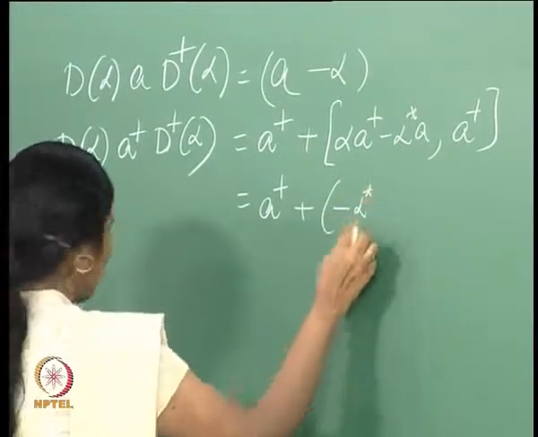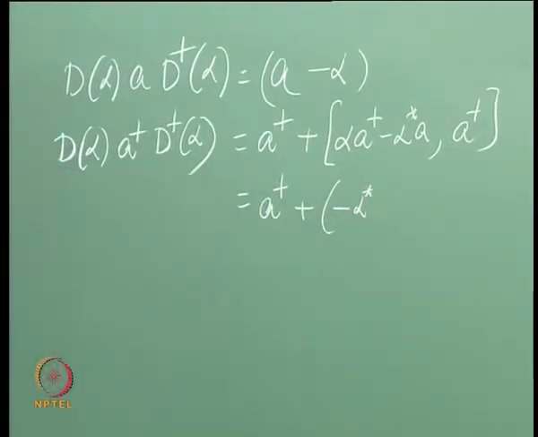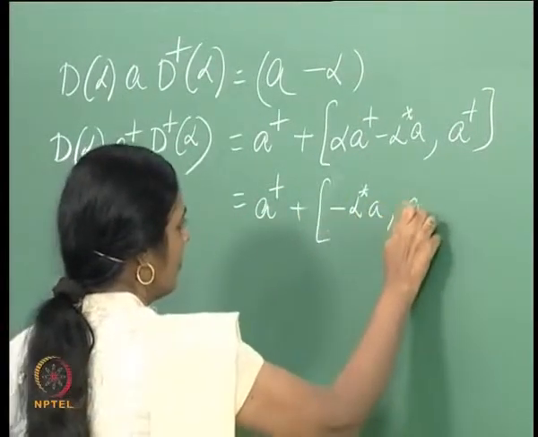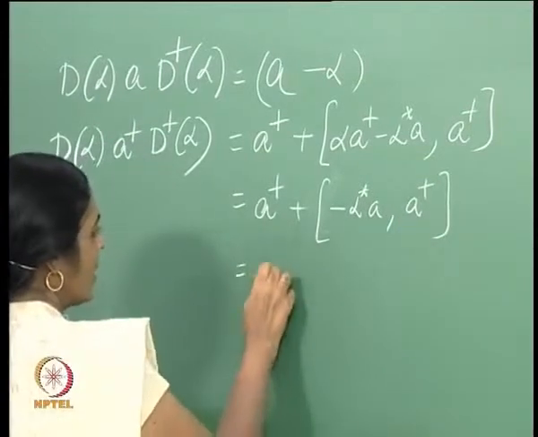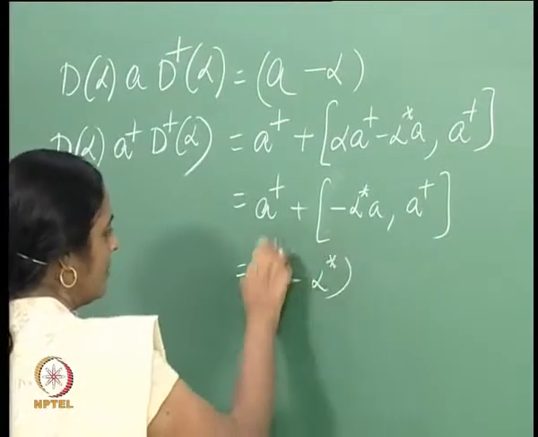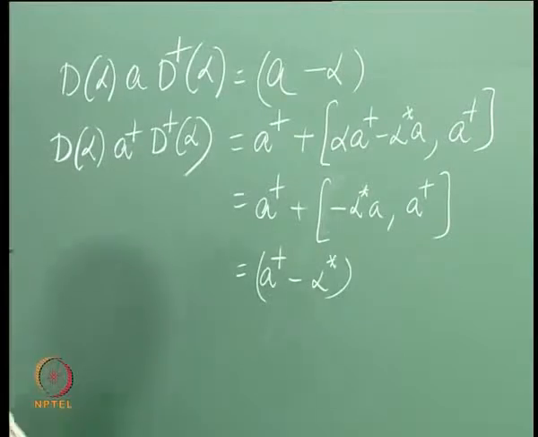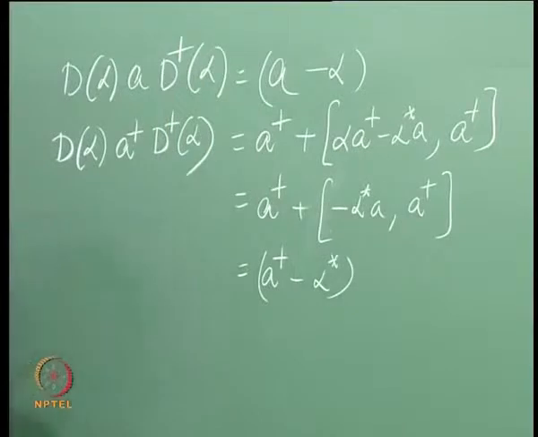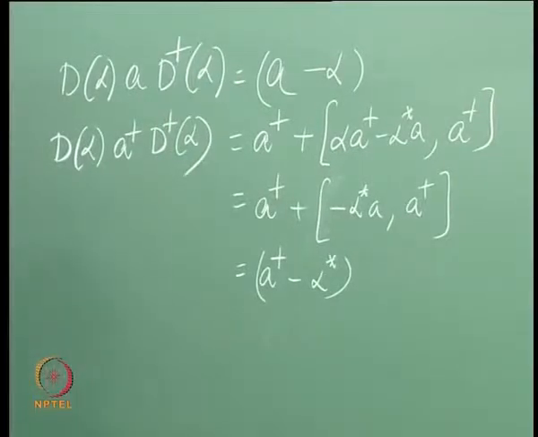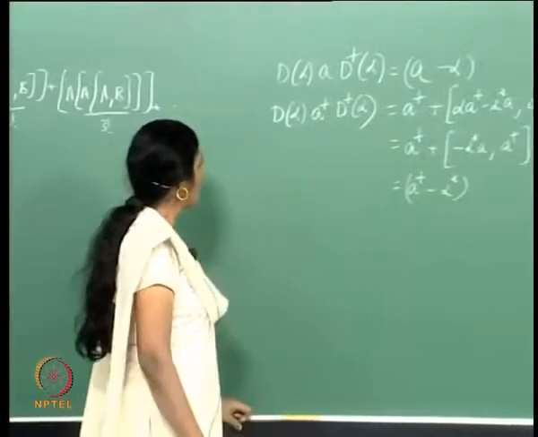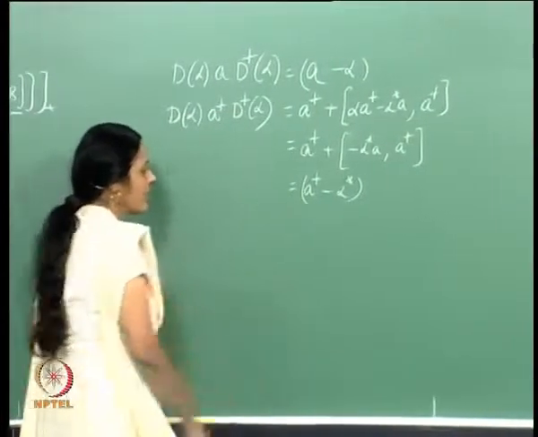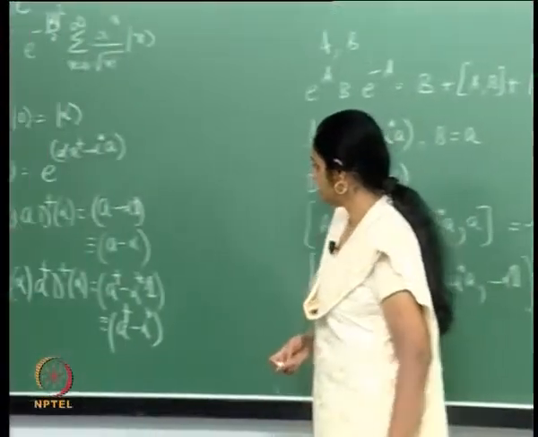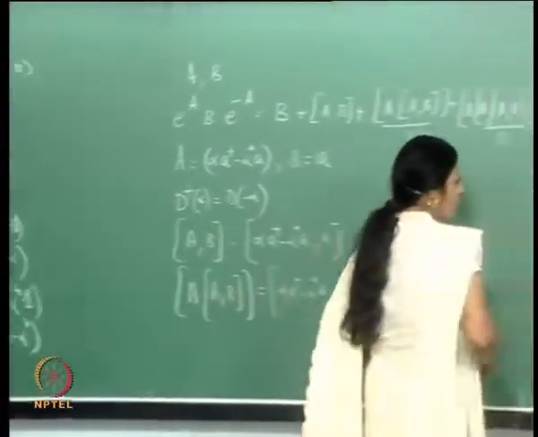Minus alpha star, a with a dagger in the commutator, and that is a dagger minus alpha star. Since this is just minus alpha star times identity, all other higher commutators out here would vanish, and therefore I have D of alpha a dagger D dagger of alpha is a dagger minus alpha star. That is how I establish these identities. So now we have the following picture.